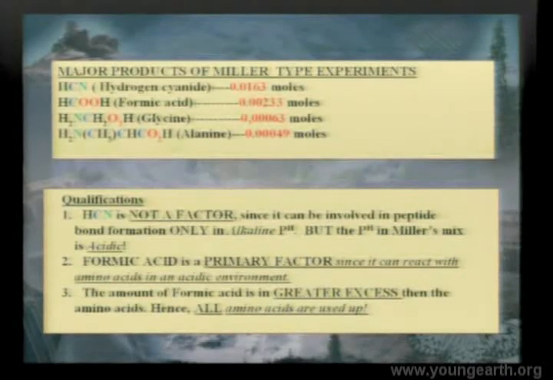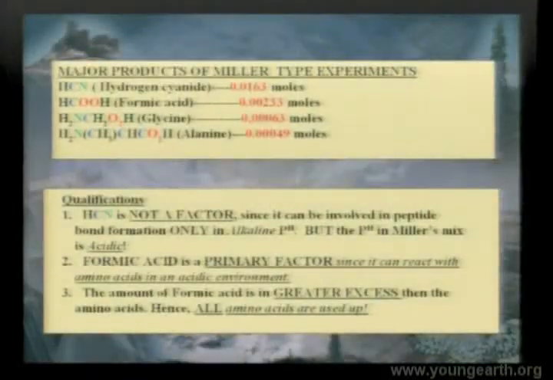Here's glycine, the simplest amino acid. He produced that, okay? It's 0.0063, much less than these two. And then here's alanine, which is a modified amino acid. It's even smaller than the glycine. So he did get a few amino acids, but in lower concentration. Got a lot of hydrogen cyanide, relatively speaking, but he got a lot more of this acid than these amino acids. Very important to recognize that, okay?